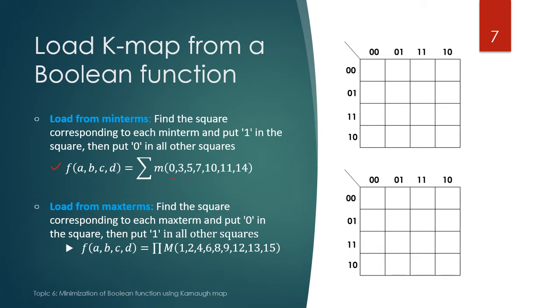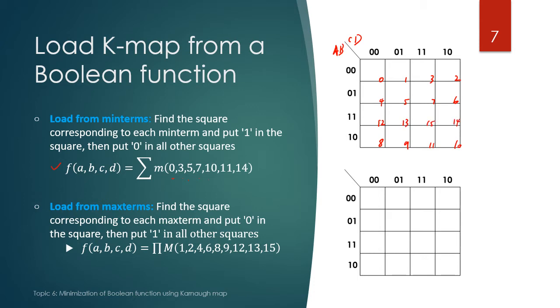If you still remember how to count, if I have this A, B, C, D, so this will be 1, 2, 3, 4, 5, 6, 7, 8. Oh, sorry, I totally messed up. It shouldn't start from 1, we should start from 0. 0, 1, 2, 3, 4, 5, 6, 7, 8, 9, 10, 11, 12, 13, 14, 15.